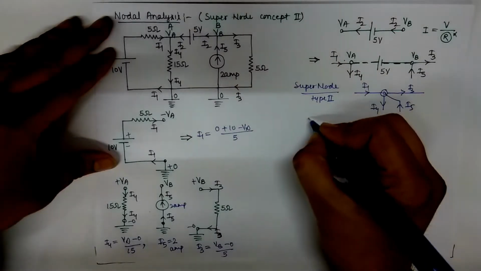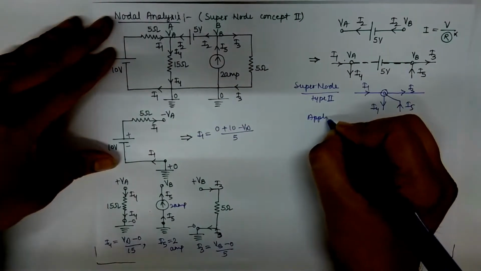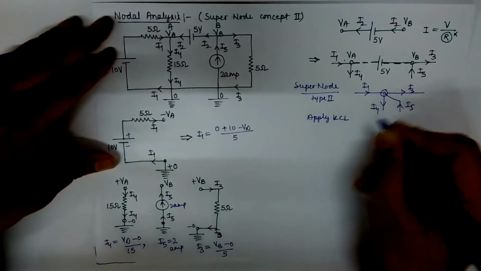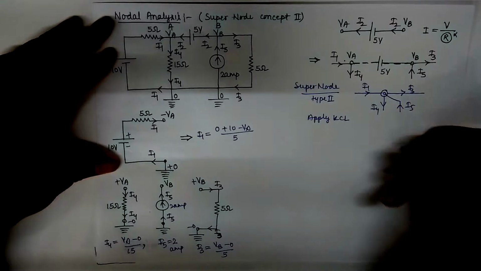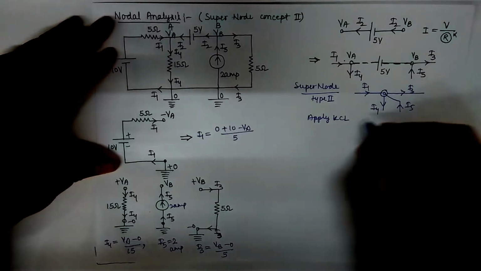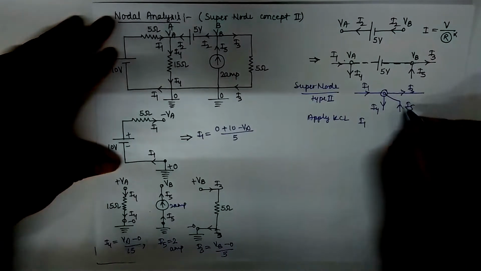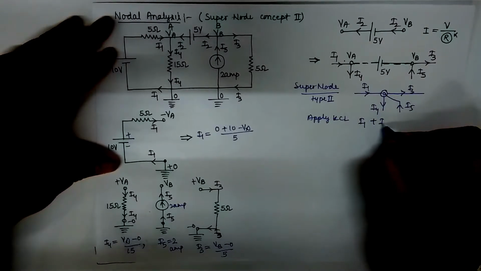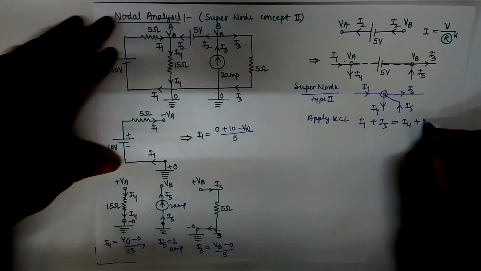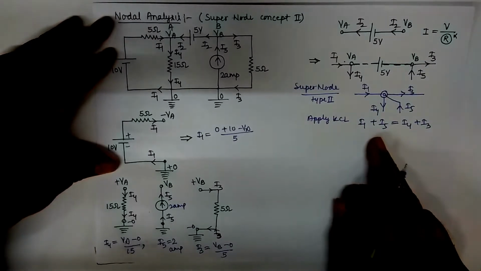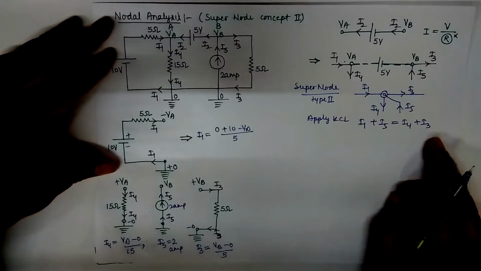So apply KCL, meaning summation of all incoming current is equal to all outgoing current. It would be I1 plus I5 is equal to I4 plus I3. So this equation is like this.